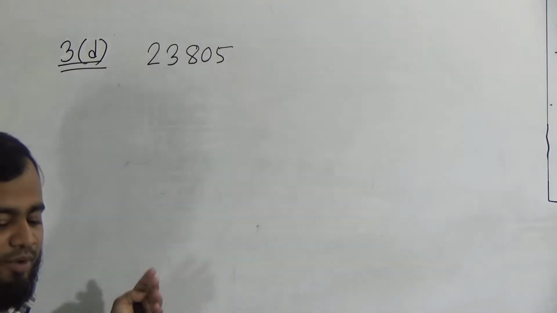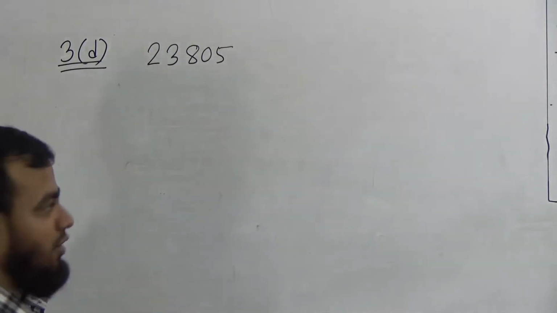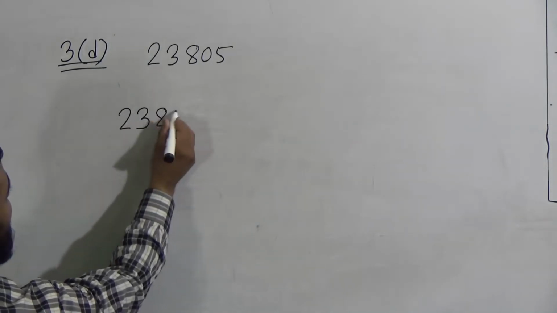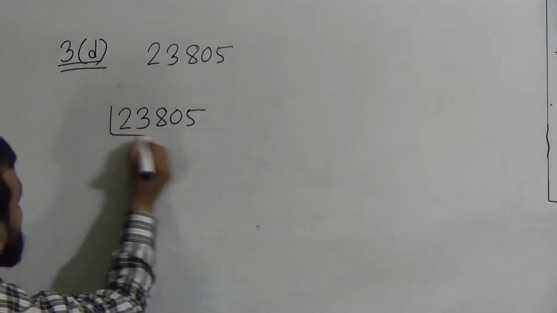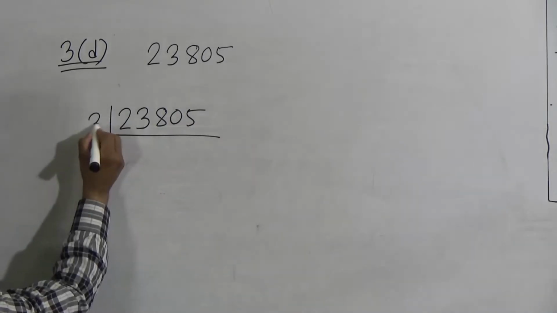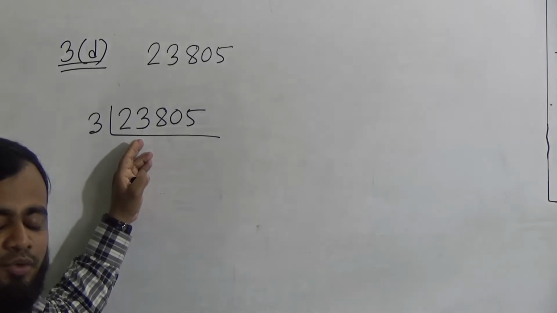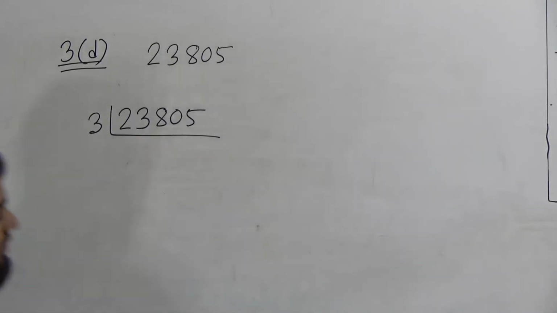my dear students, first of all we should resolve this number. To resolve this number, we should divide it by prime numbers. First of all we can divide 23,805 by 3, then we get 7,935.